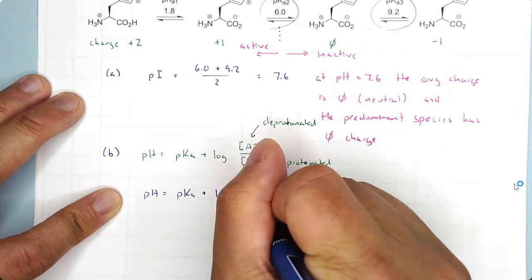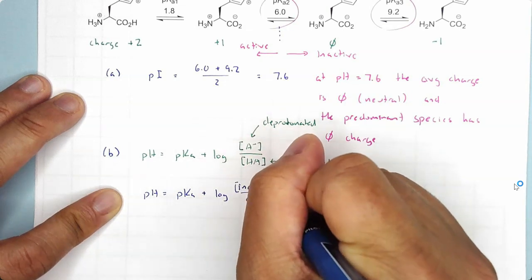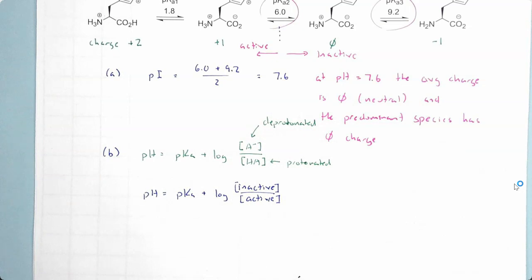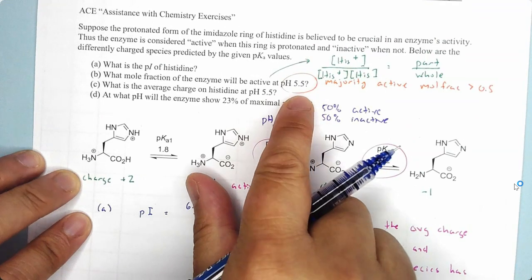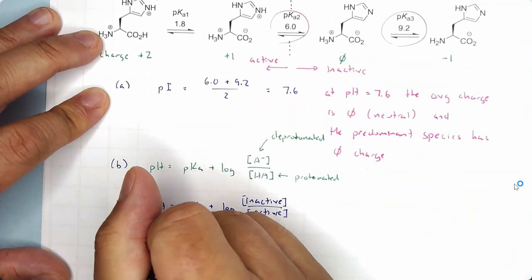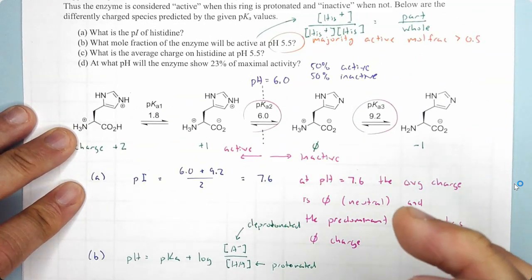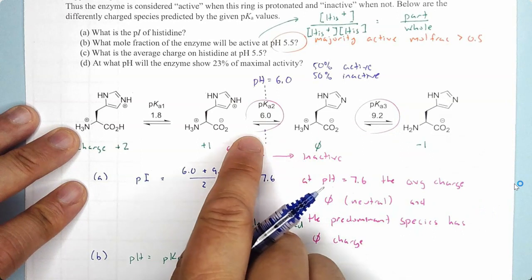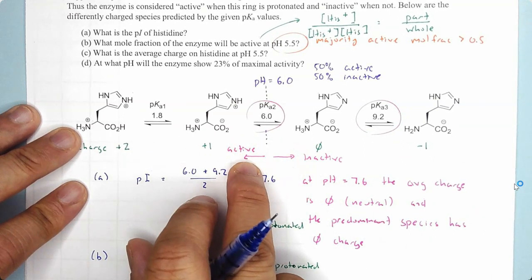And so the active like that. And we could put brackets to represent the concentrations. So what numbers do we plug in? The pH is 5.5, and the pKa we use is not the PI, it's the border by which we determine whether the enzyme is active or inactive.